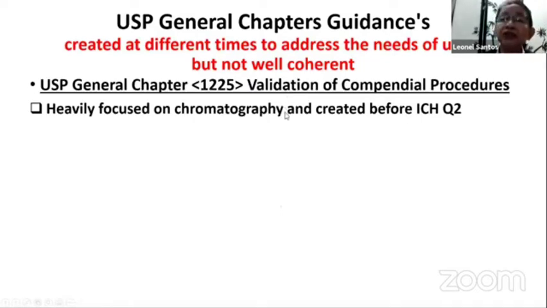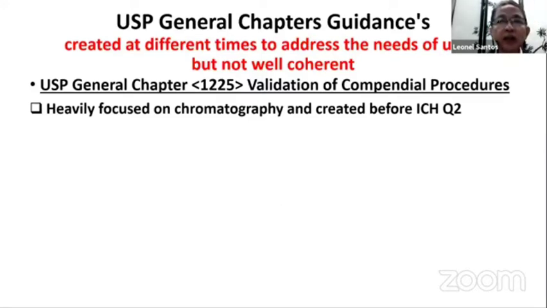So those 3 general chapters, starting with the USP General Chapter 1225, describing the validation of compendial procedures, is heavily focused on chromatography, as I mentioned earlier, and was created before the ICH-Q2, which is a description of how to do method development and validation.